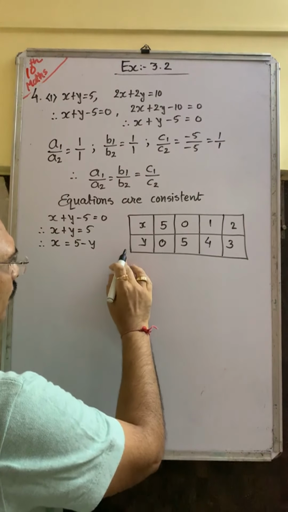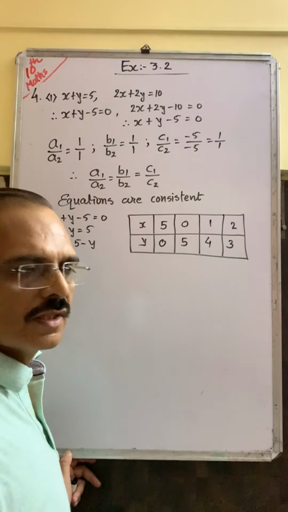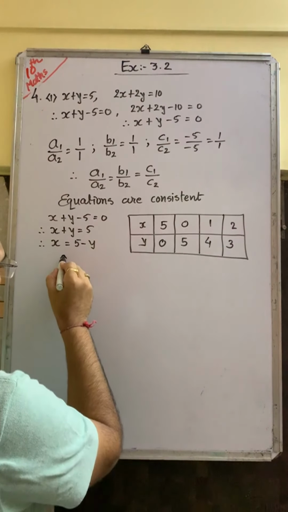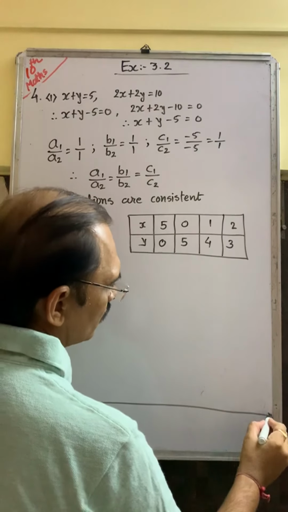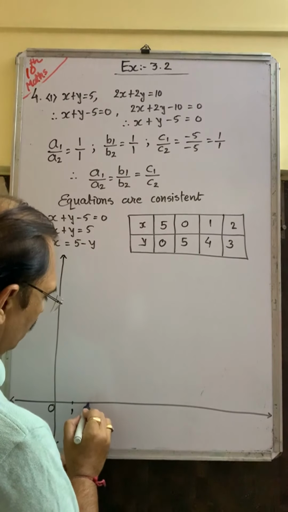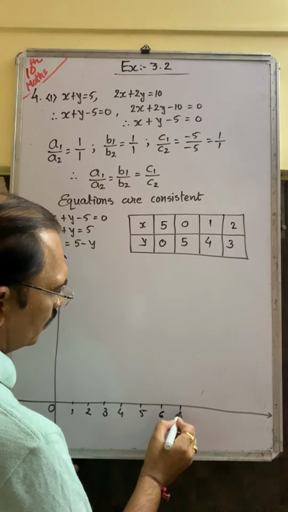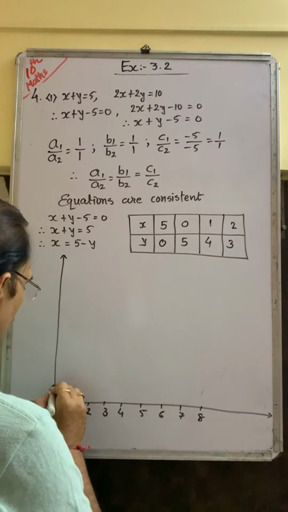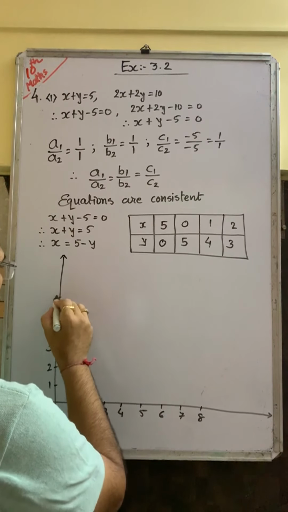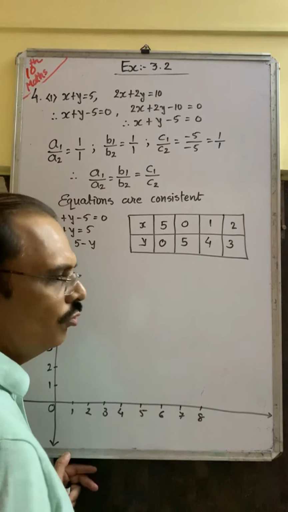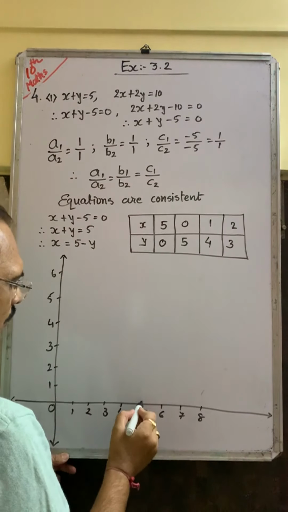See, to draw the graph, see properly that x and y both coordinates are positive, so enlarge your first quadrant. 1, 2, 3, 4, 5, 6, 7, 8. Here 1, 2, 3, 4, 5, 6, and so on. X coordinate 5, y is 0.